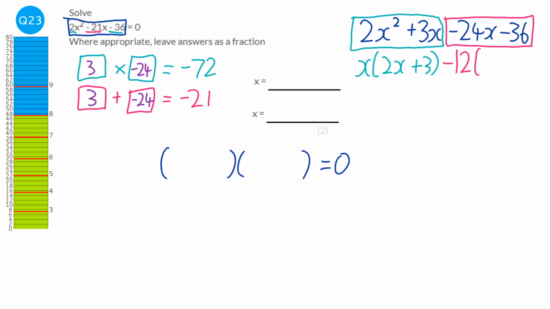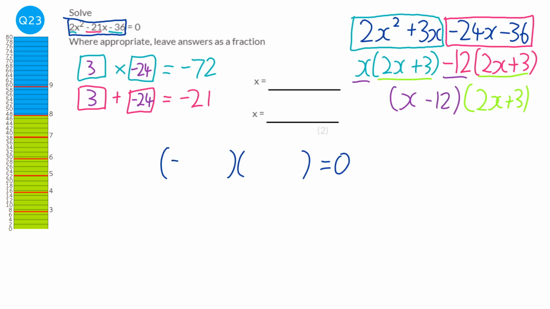And that's going to be 2x, and that's going to be a positive because it becomes a negative. Positive 3. The repeating bracket is one of our brackets, and then the bit left over, so the x minus 12 is our other bracket. So it's x minus 12 and 2x plus 3.